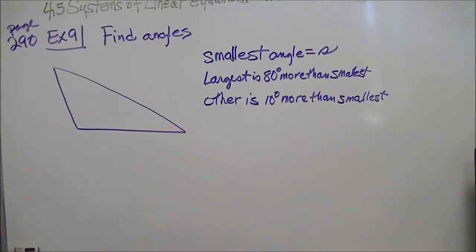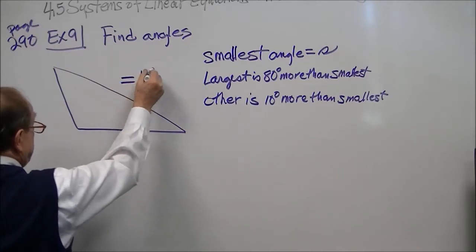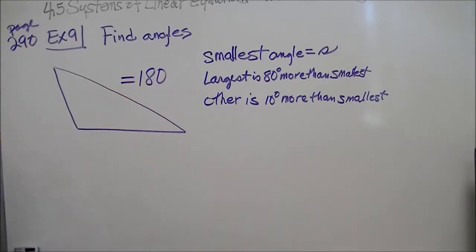Okay, going on now to our last problem of Chapter 4 is example 9, where we're going to find angles. Angles of a triangle. Now the key here is, and I think most of you know this, that the angles of a triangle equal 180.